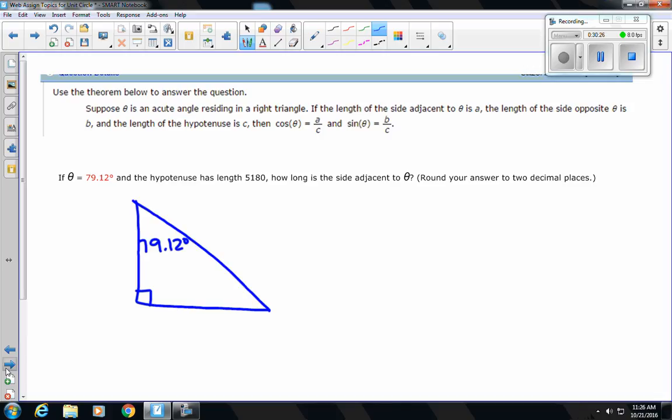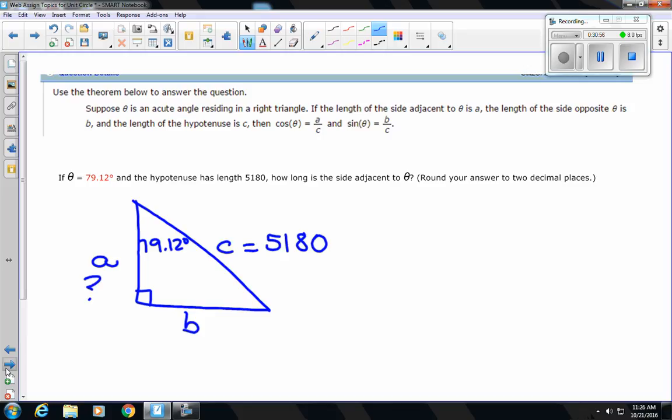So it says that the side adjacent is A. So that's A. And the side opposite is B. And then the hypotenuse is C. And they gave that, it's 5180. And then it says, how long is the side adjacent? So which of those sides am I trying to find? This is what I don't know right here, the question mark.